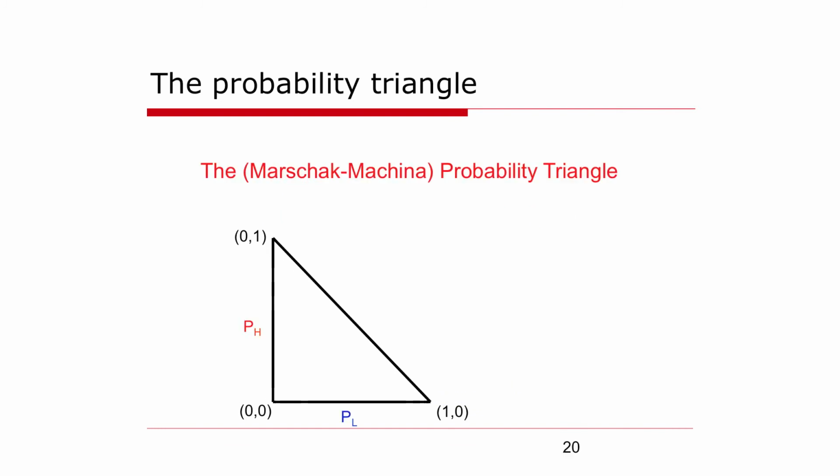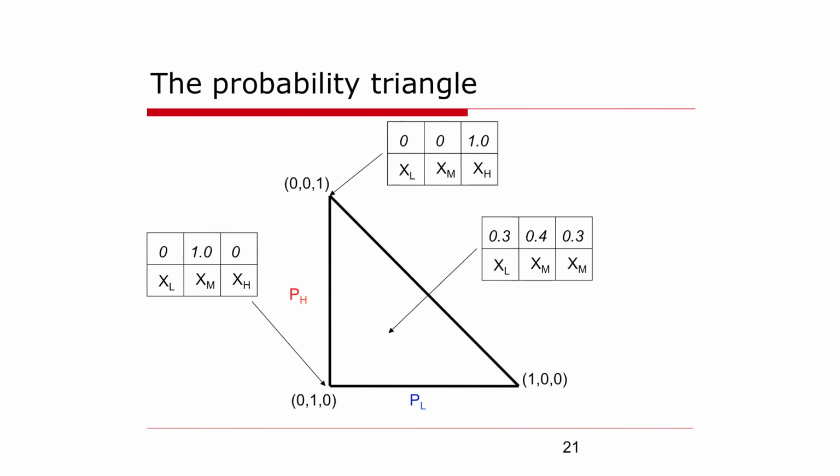For example, if you present a particular gamble with 0.3 for the low outcome and 0.4 for the medium, that would be one point over here. At the corner, the probability of getting the high outcome is 1.0 and everything else is 0. So every gamble is one point on this triangle.